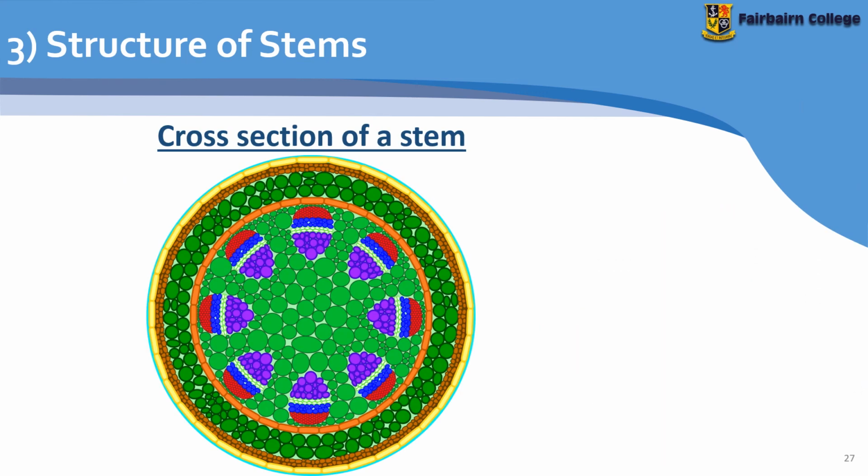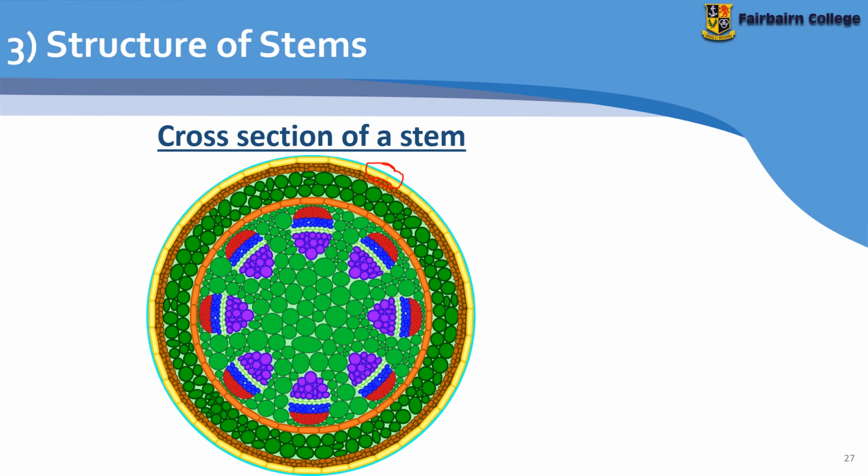And then again, if we take all of these tissues and put them together, then we can have a look at the cross section of the stem with this brightly colored tissue, so you can see the different types of tissues. So you can see that there's quite a bit going on here. And again, I'll just briefly talk through the different parts of the stem. On the outside, you find the epidermis layer with the cuticle to prevent water loss.